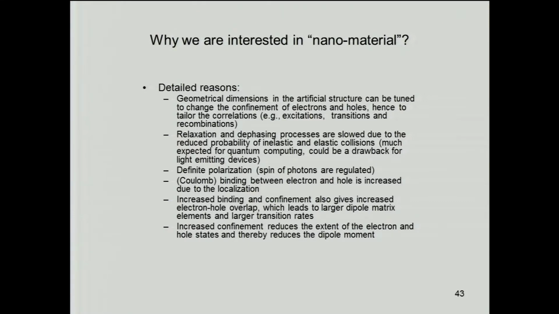Geometrical dimensions in the artificial structure can be tuned, and relaxation and dephasing processes are slowed. Wherever we want to make speed, when we apply light, when we apply energy, what happens? Thermal energy comes in, electrons jump from one level to the other. Here we can control it.